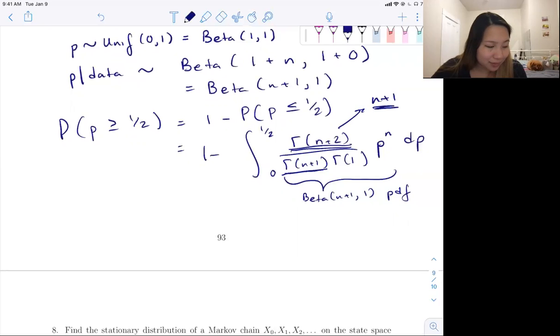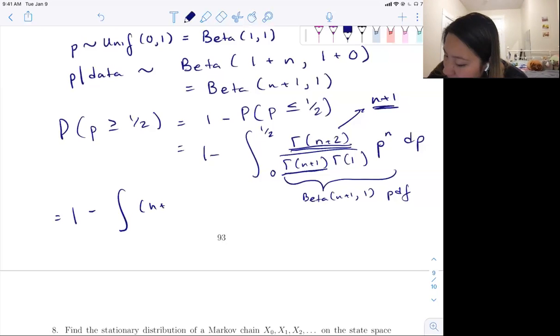So that's pretty useful. So this is equal to 1 minus the integral of, I'm just checking to make sure my constants are all good, n plus 1, p to the n, dp from 0 to 1/2.